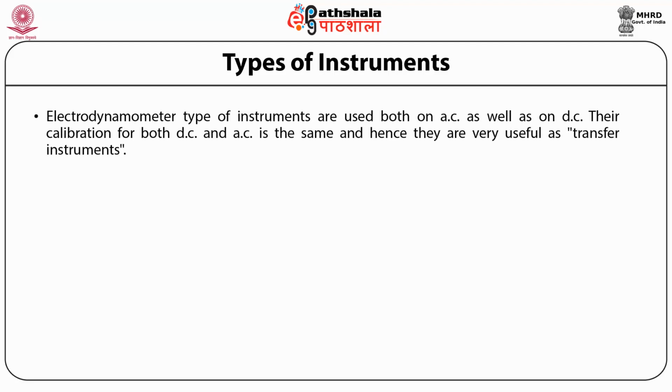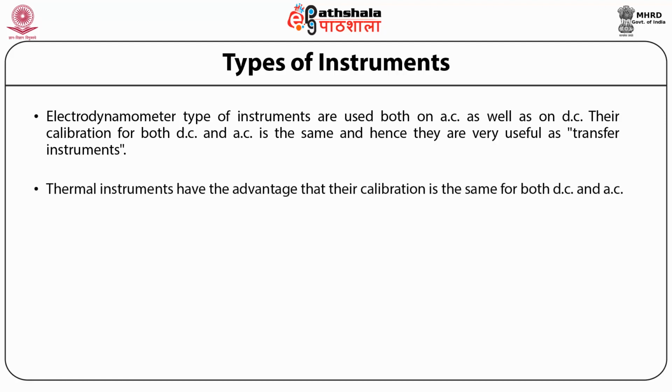The electrodynamometer type of instruments are used both on AC as well as on DC. Their calibration for both DC and AC is the same, and hence they are very useful as transfer instruments.